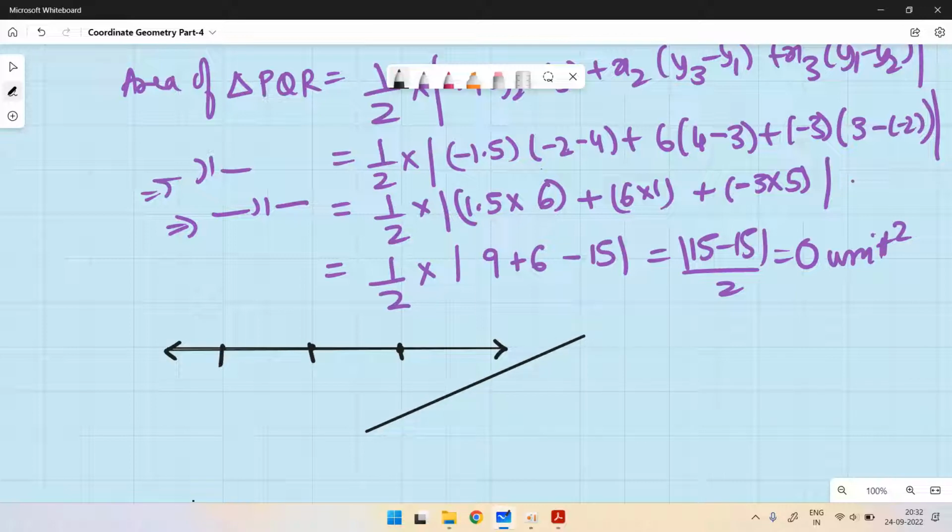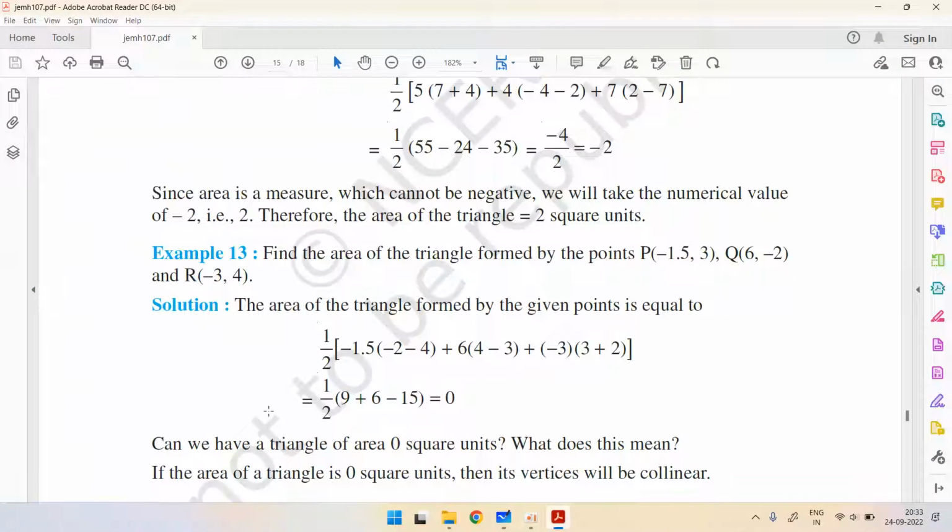But if you join them, you will never form a triangle. Hence these 3 points are collinear because the area is 0.